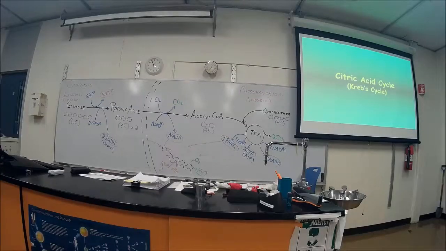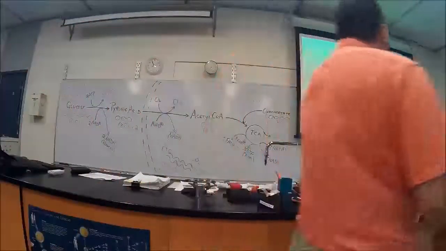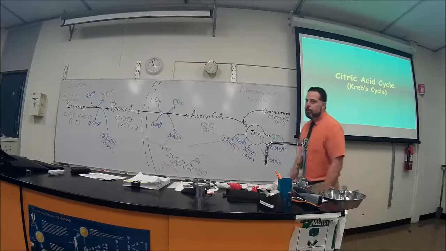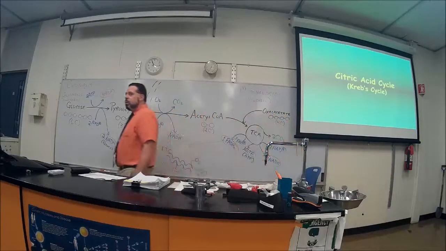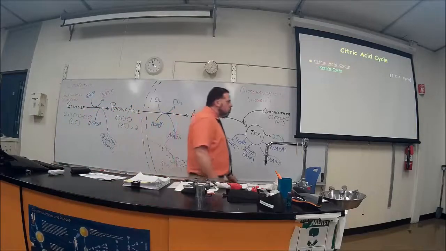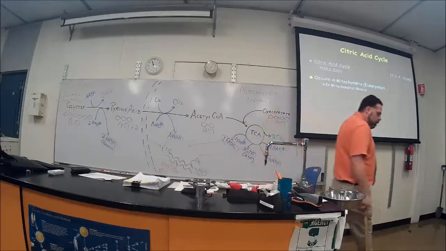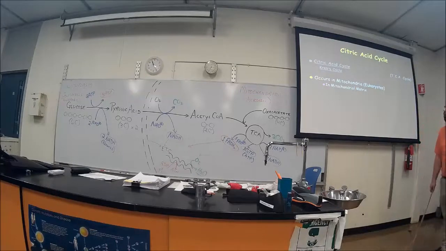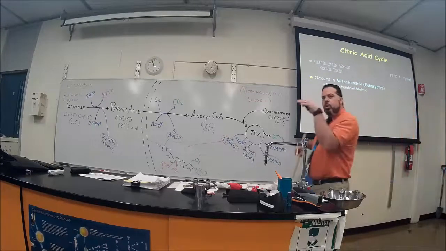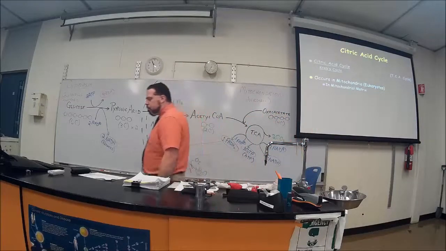Good so far? Okay. All right, now the citric acid cycle, or Krebs cycle, which is here. This occurs in the mitochondria in eukaryotes, and in the matrix, so within that bigger space in the mitochondria.